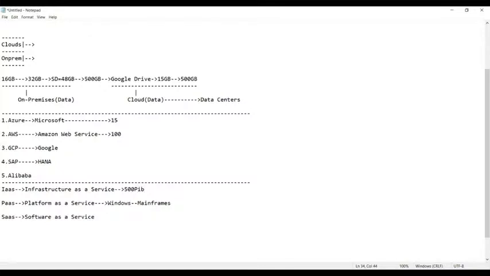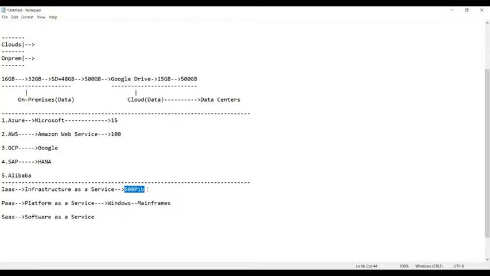So now this much capacity you want to extend up to. You will ask your cloud provider, Azure, to provide this much storage on the cloud. It is the responsibility of the cloud provider to provide it for you. You need not worry. That's it.